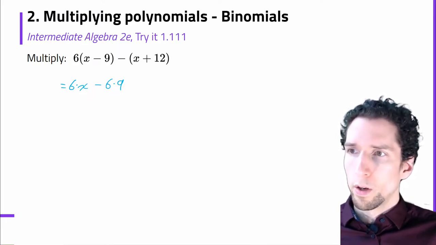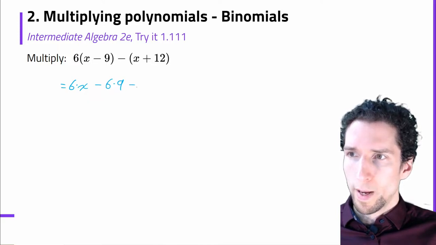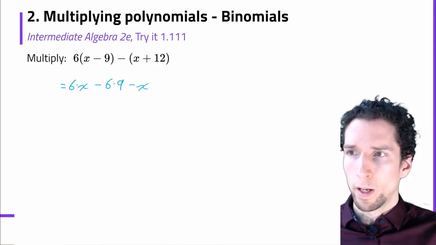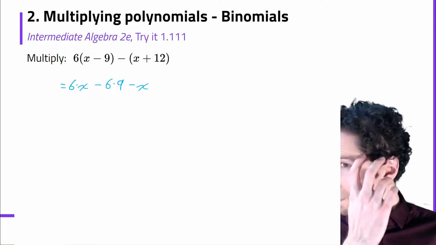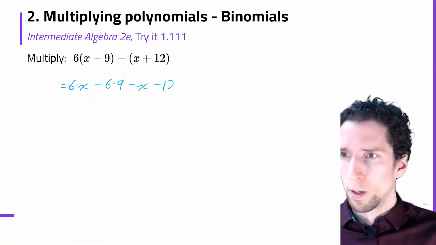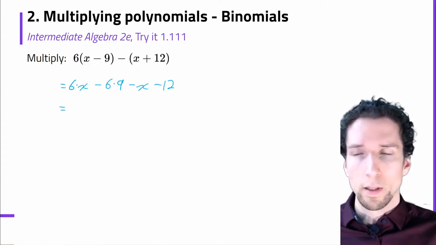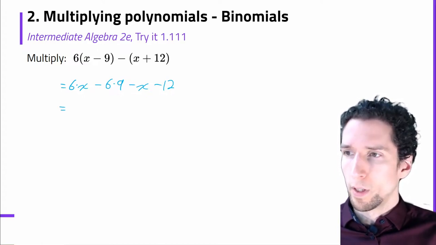And next one here, this will be minus x, it's a -1 times x, and then -1 times 12, so minus 12 here. Don't need to actually write the 1 times 1, obviously.